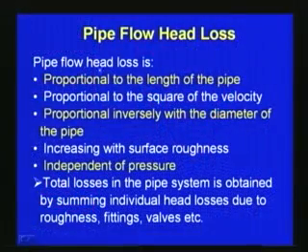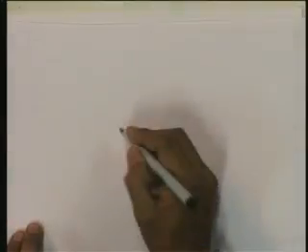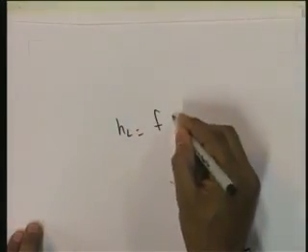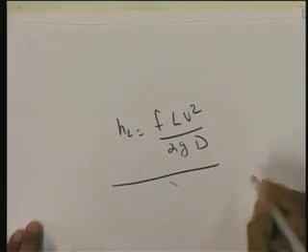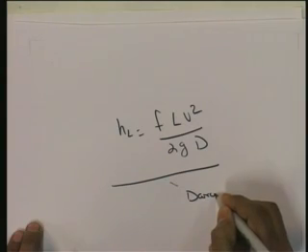Finally, as far as pipe losses are concerned, as we discussed with respect to the Darcy-Weisbach equation, the head loss HL equals f L V square by 2 g D. This is the Darcy-Weisbach equation.